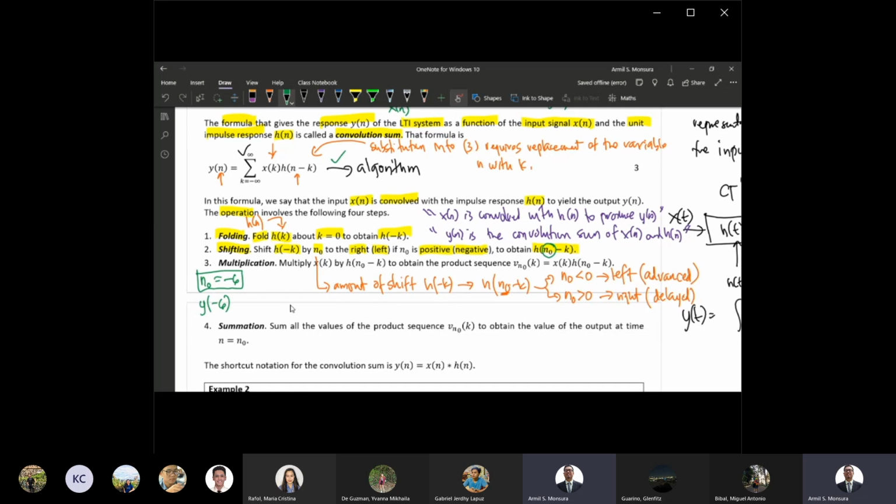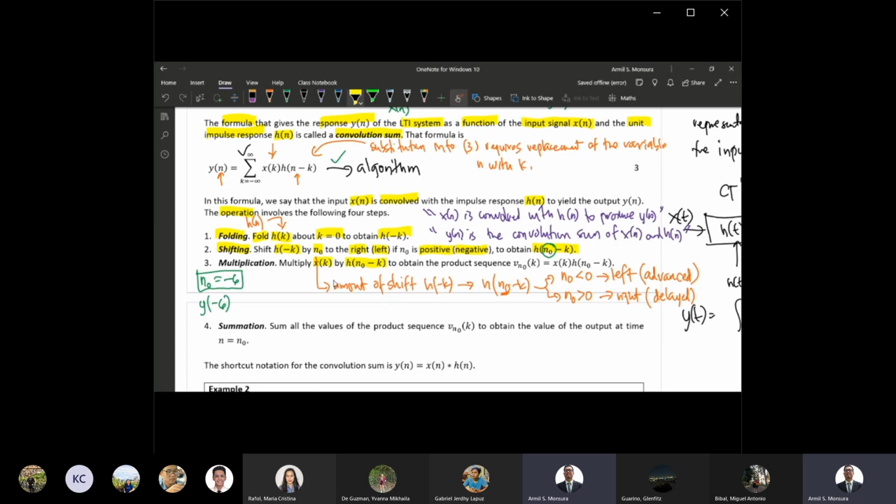Now, after shifting your h of negative k with n0, what you now do is to form the product sequence of x of k and the shifted, time-reversed version of your h.